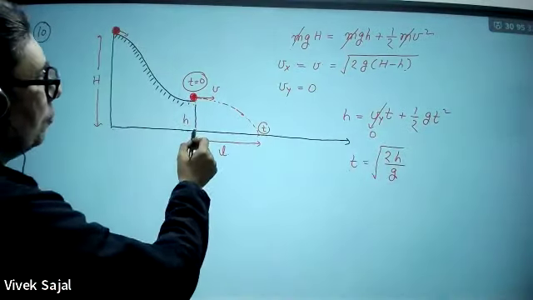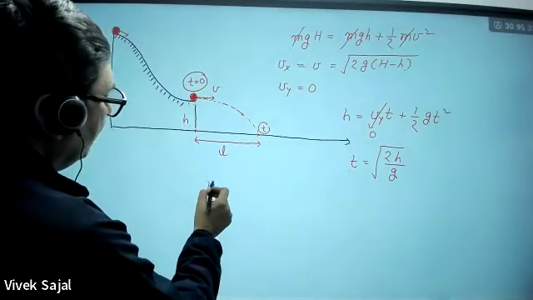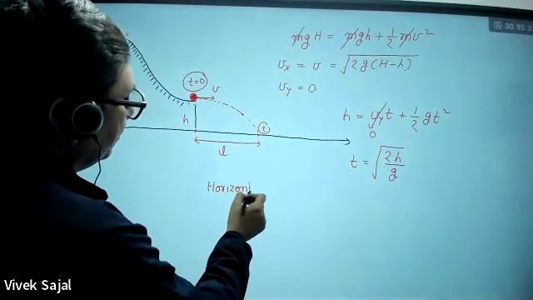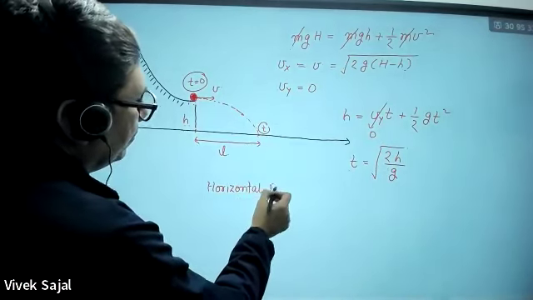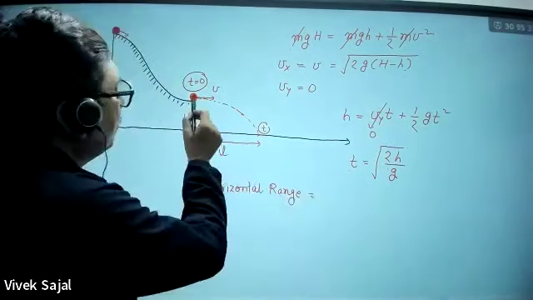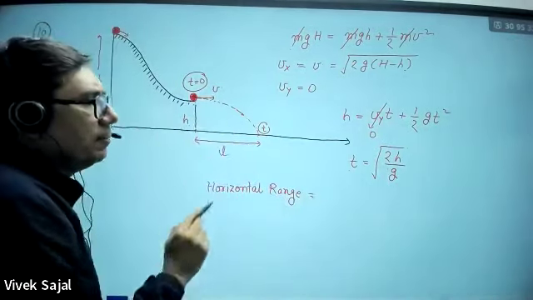And how much will the horizontal range be? Remember, this horizontal component of velocity v will remain constant.